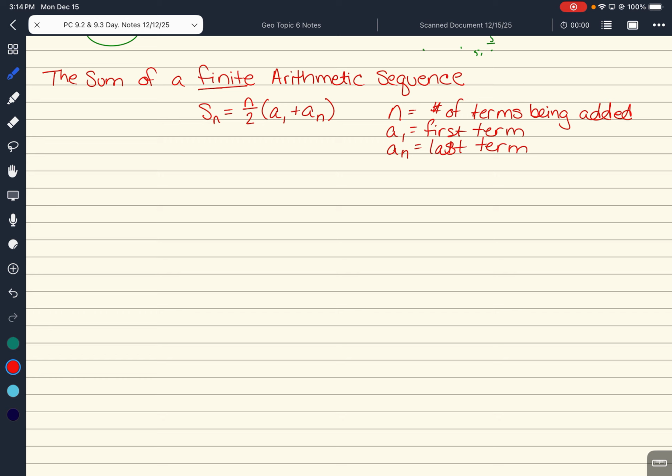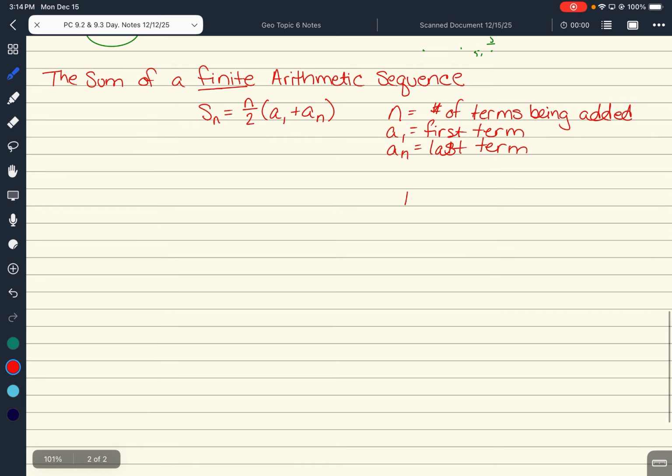Now remember last year when I told you about little Gauss and his tutor said, I don't want to deal with you today. Go add up all those digits from 1 to 100. And he started going 1, 2, 3, 4, and he's like, this is stupid. And he started going 100, 99, 98, and 97.